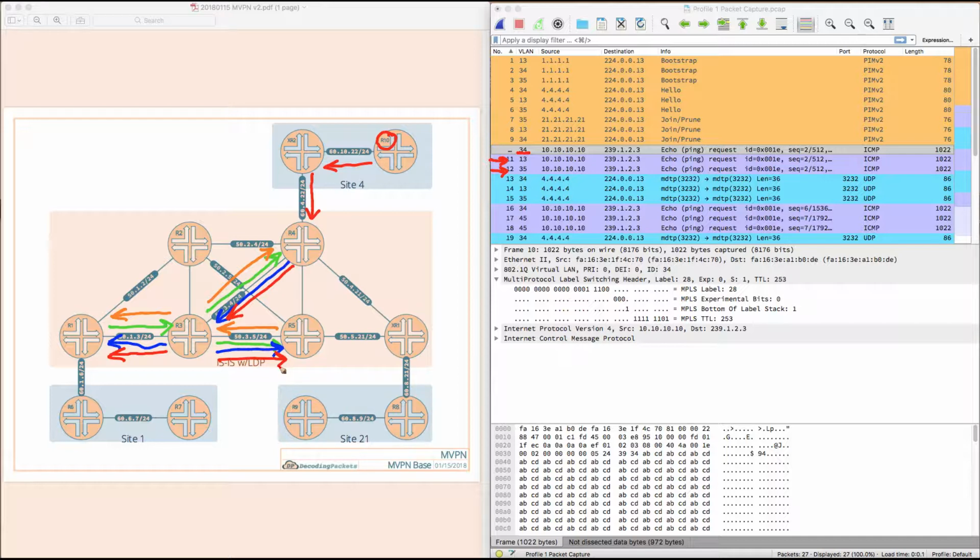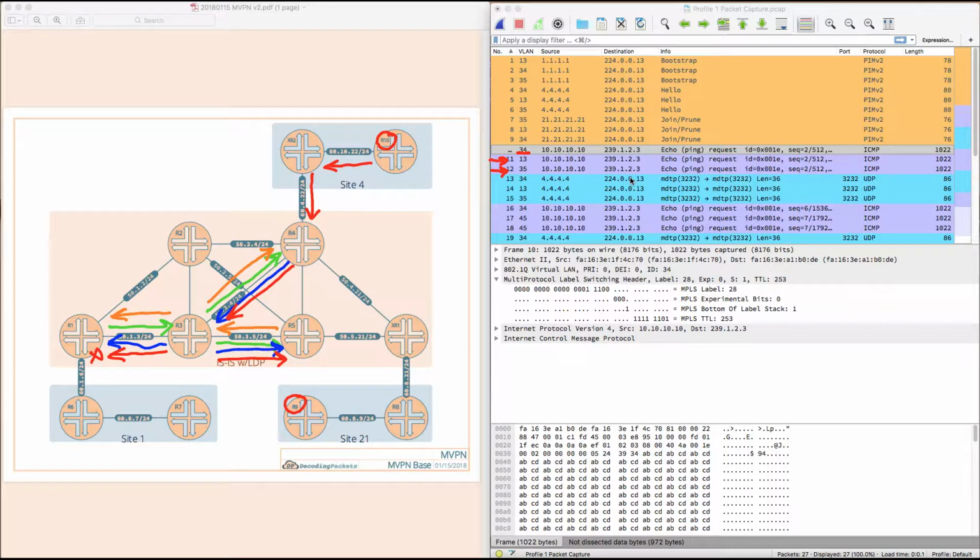In our particular case, if you remember, the receiver was all the way down here, R9. So what R1 is probably going to do to this packet is just drop it. And that's why we had the Data MDT, which is the next packets here.